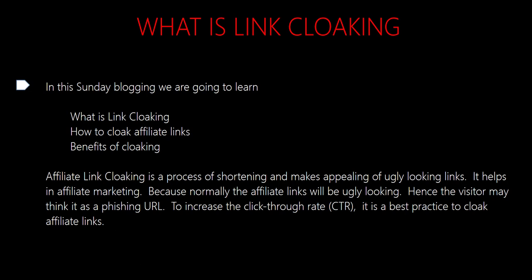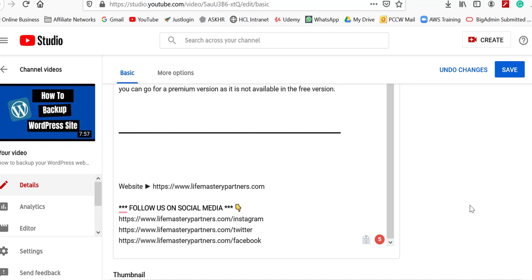It is not only for affiliate links, whereas you can use it for social media account URLs. For example, my Facebook page URL is https://lifemasterypartners. I cloaked this link and generated it using my URL, and it looks more authoritative as the URL has my domain name.